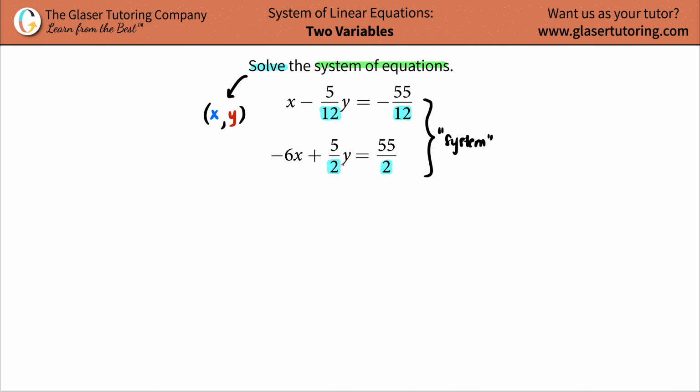Maybe I could turn the 2 into a 12. Maybe I could turn this 5 over 2 into 5 over 12. That might be something, because if I could do that, then I can eliminate this one fraction, and everything would be nice. Now, let's see if I could do that.